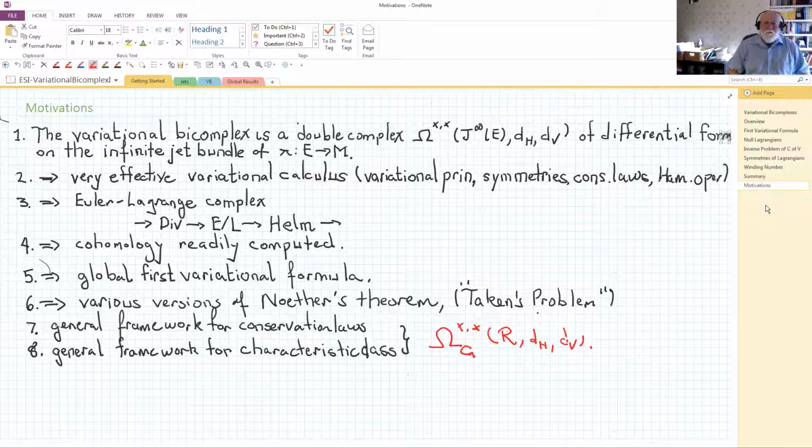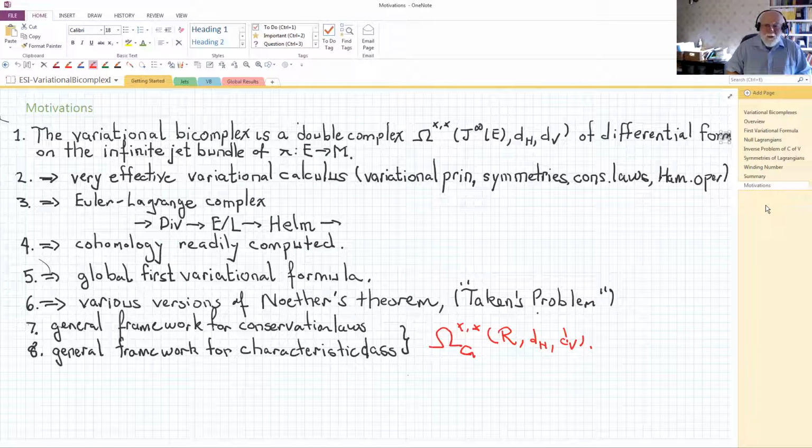Okay, so that's the end of the little warm-up story. It kind of sets the stage for what we want to do. The variational bicomplex is a double complex of differential forms on the infinite jet bundle, a fibered manifold.